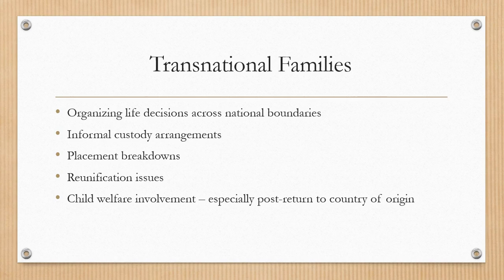Placement breakdowns refer to either a reunification that has been challenged by trauma or by kind of post-honeymoon adjustment to being together again after many years, or also times when children are living with other family members in the United States and are not able to adjust to either their expectations, or it's an unsafe situation for the child and the child needs to find another placement.